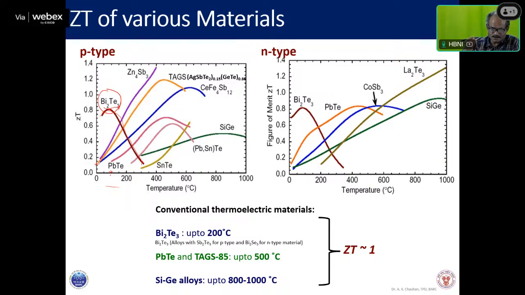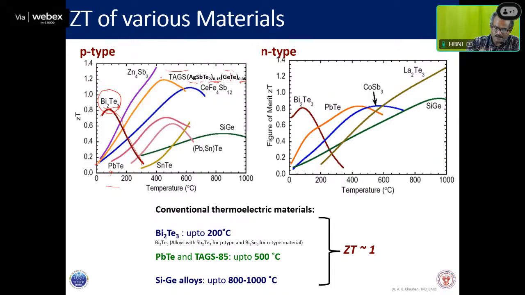And suppose my temperature difference is around 400. In that case, I have this material, TAGS, which is a compound of silver, antimony, tellurium with this fraction, and then germanium and tellurium with the 0.85 fraction, mixed together.